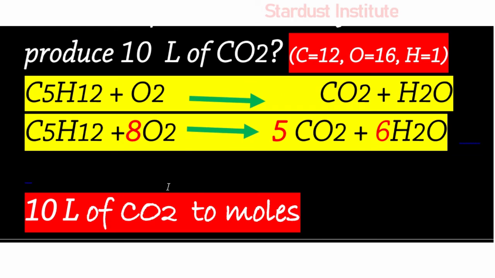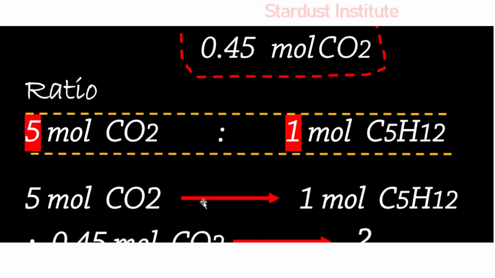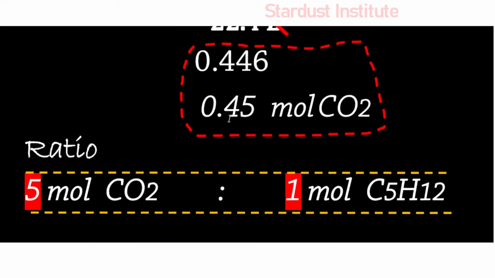We know the ratio. To produce 5 moles of carbon dioxide, we need 1 mole of pentane, C5H12. This is the ratio. Now we need to produce 0.45 moles of carbon dioxide.